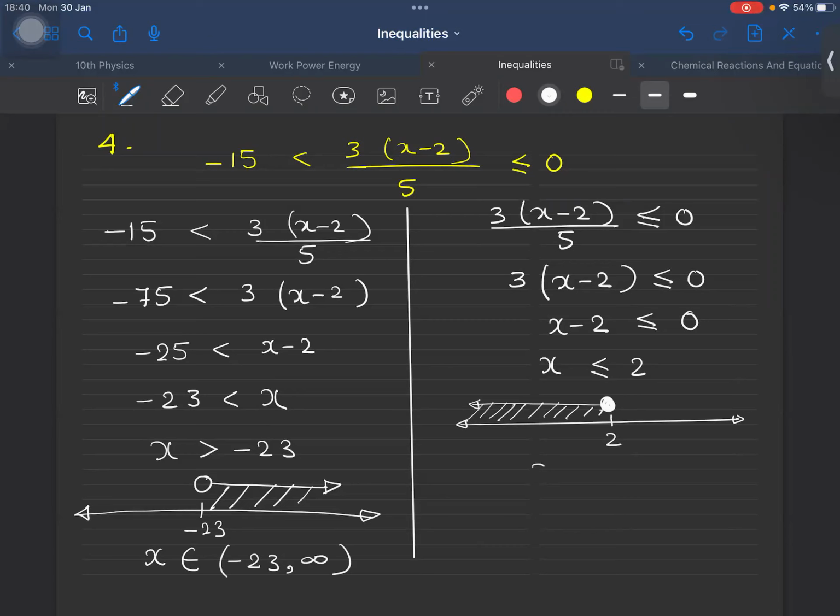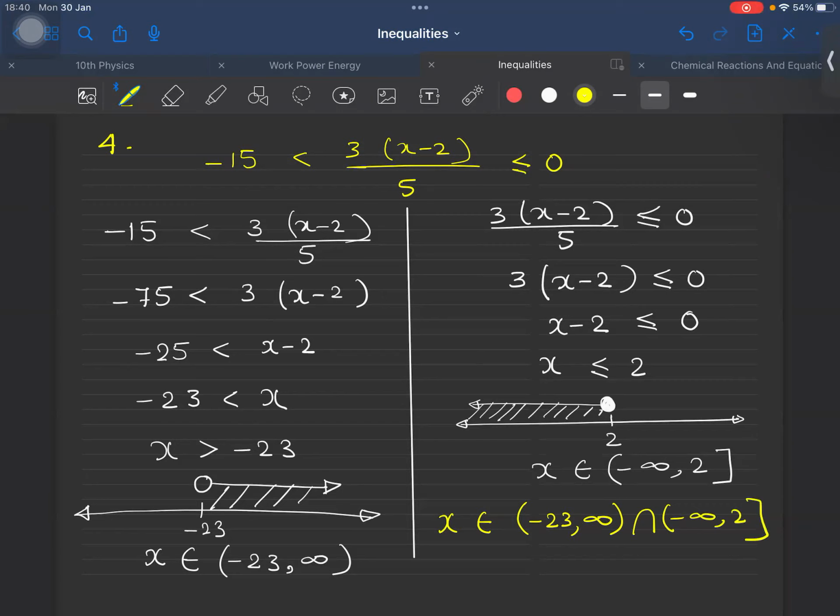Here we write x belongs to (-infinity, 2]. With -infinity it's an open bracket, and with 2 it is a closed bracket. Now we are going to take the intersection of these two: (-23, infinity) intersection (-infinity, 2].